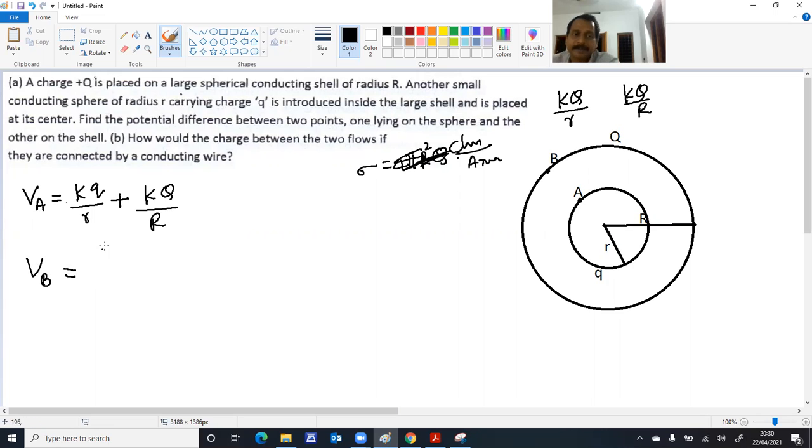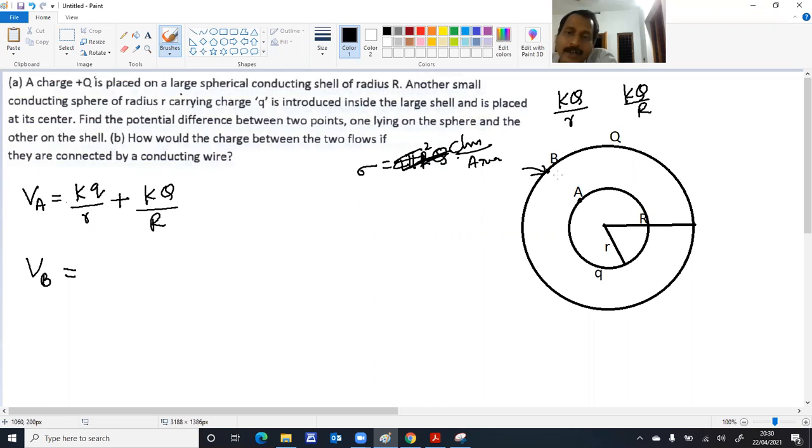What about B? Is point B outside, inside or on the surface of A?